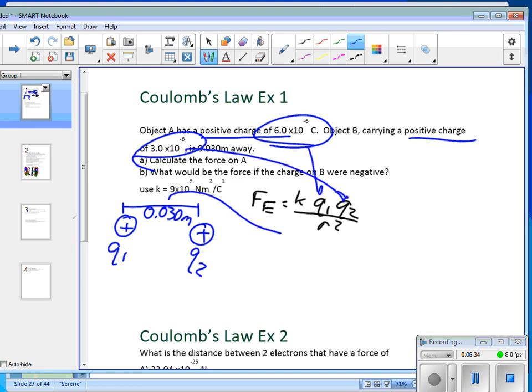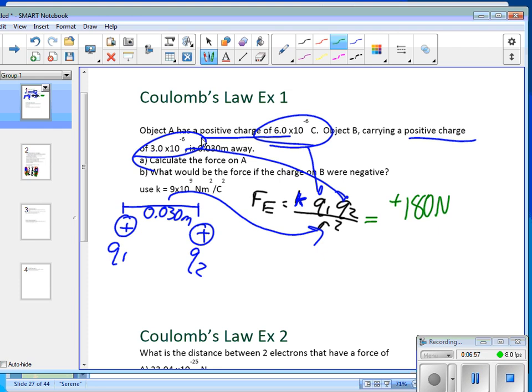And here is my distance right here, and I already know what K is. K is 9 times 10 to the 9, and I plug those in, and I get the fantastic answer of positive 180 newtons. Now you might be saying, what does that positive mean?